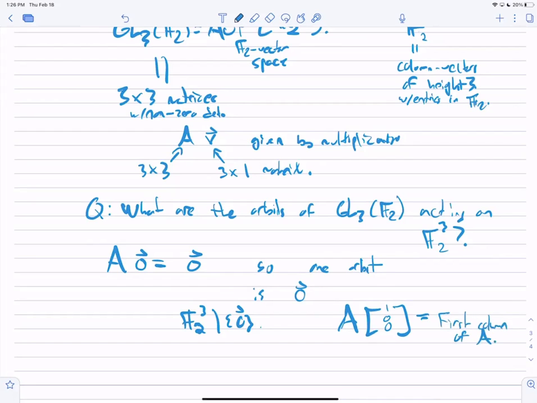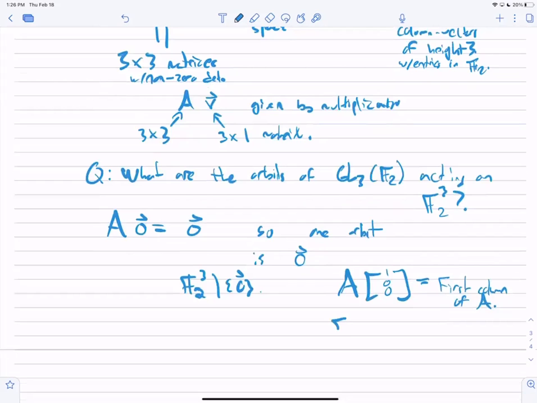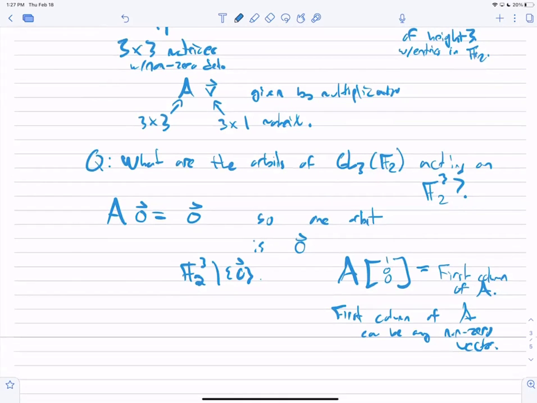In our earlier argument, we already saw that the first column of A can be any non-zero vector. We saw this when we were counting how many elements were in GL2 of F2: we start with the first column, and it can be any non-zero vector. So the orbit of the point (1, 0, 0) contains all of the non-zero vectors. That's a quick way to see that this is the other orbit.